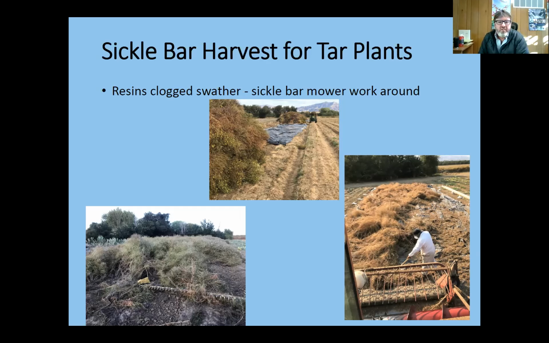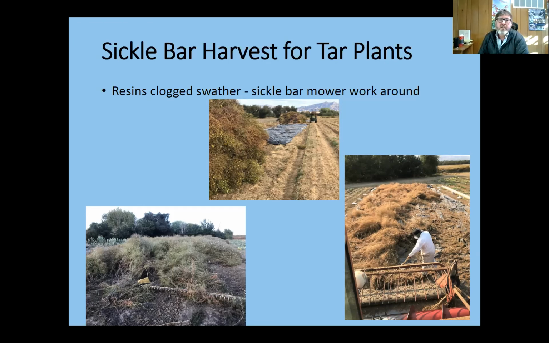Anyway, in the process of starting to grow out tar plants, we tried to use the normal routine where we would cut the material with our swather. We found that the swather was getting gummed up because of the resins associated with these tar plants. So instead, we had to use a sidearm mower, basically a sickle bar, to cut the material.